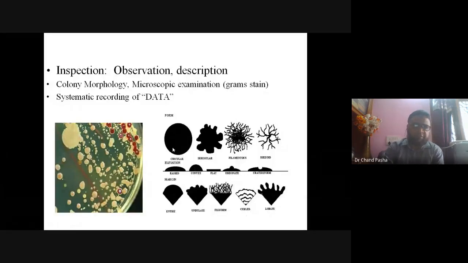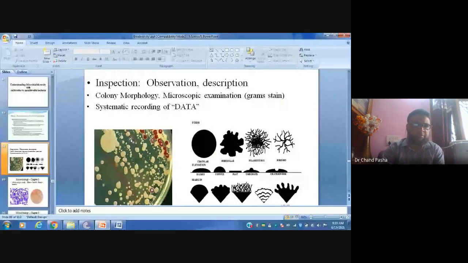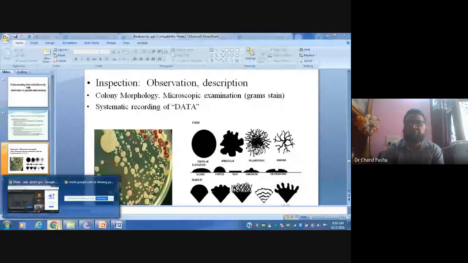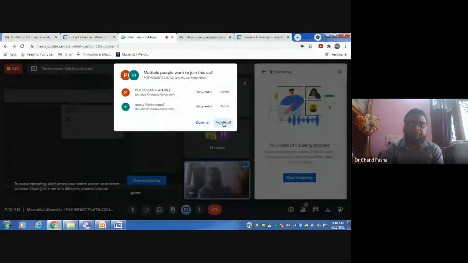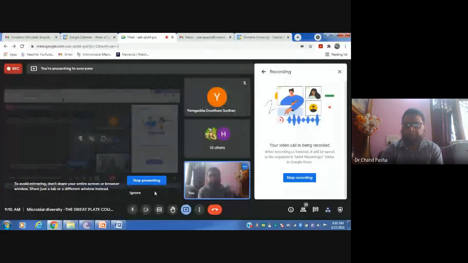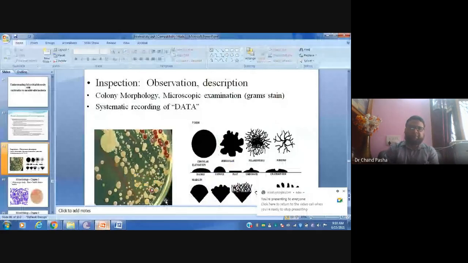Here you can see the raised colony, this particular one. And in this case, there is a pigmented one, and a colorless one you can see over there. So this is the colony morphology, which will give us information about their characterization. If you know the characterization, then we can classify them into different groups.